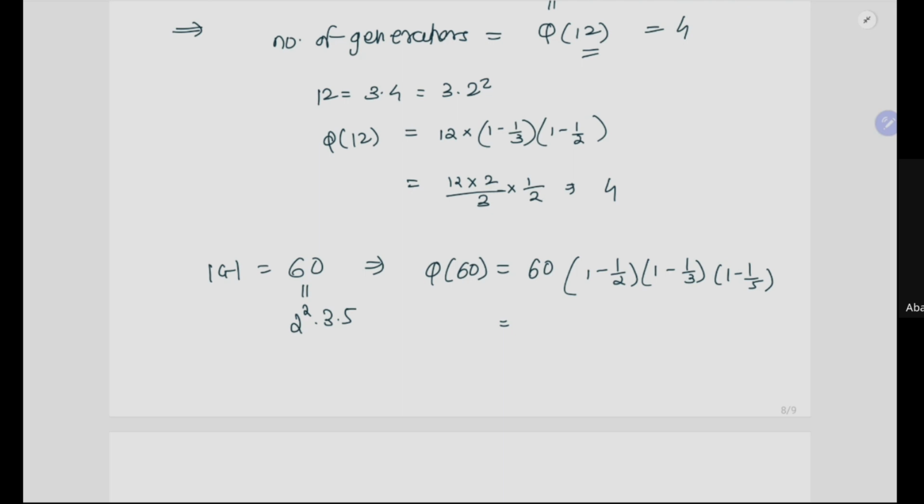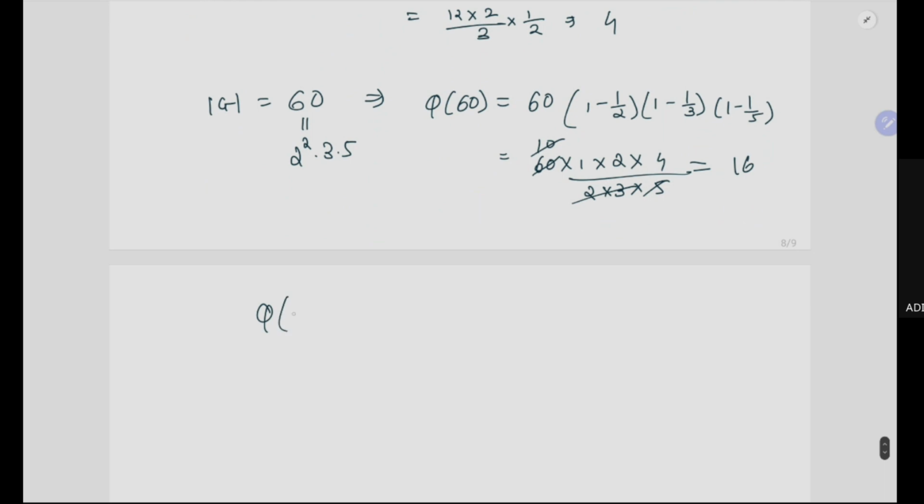What will this be? Is 16 the answer? 16, right? Yes. But keep this formula in mind, okay?